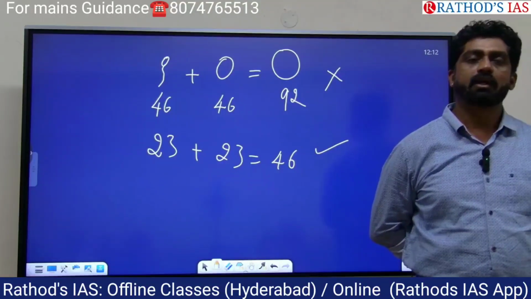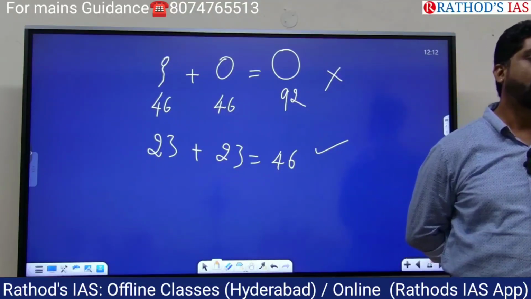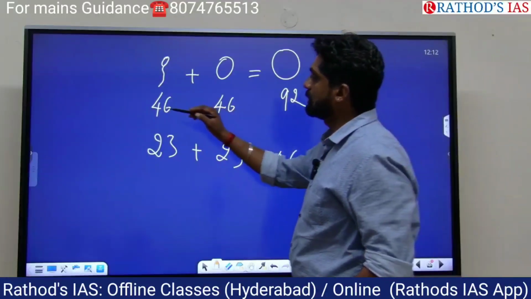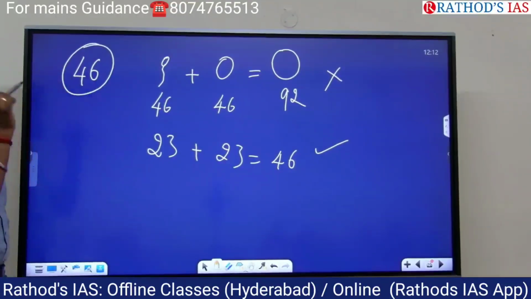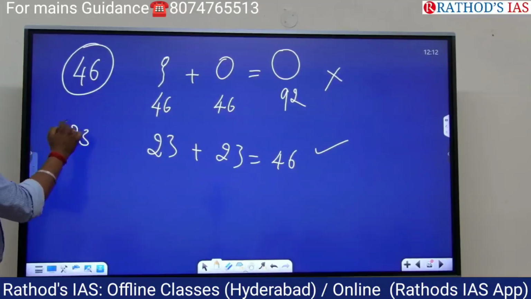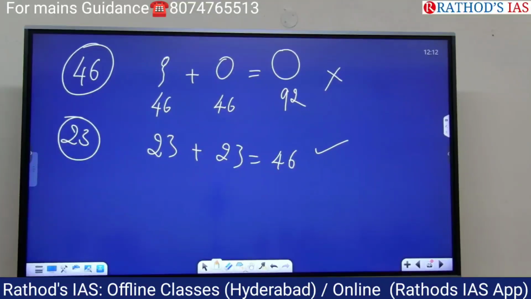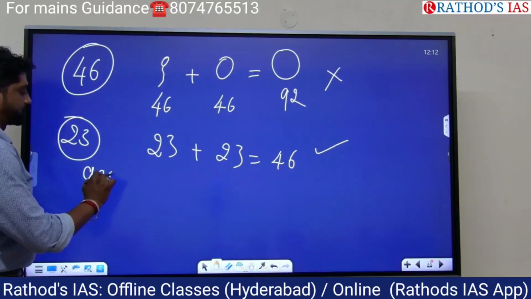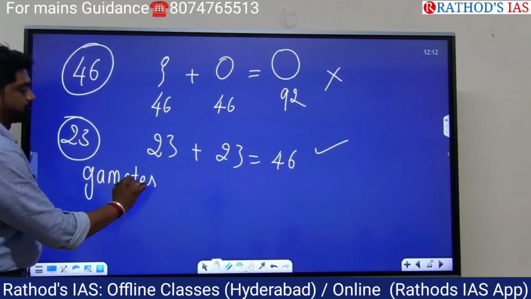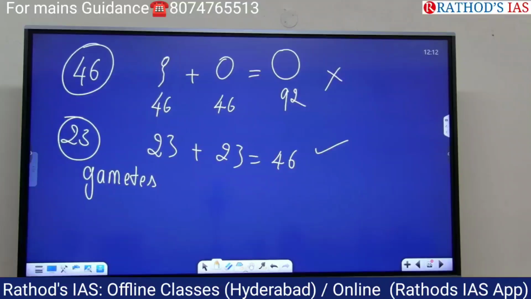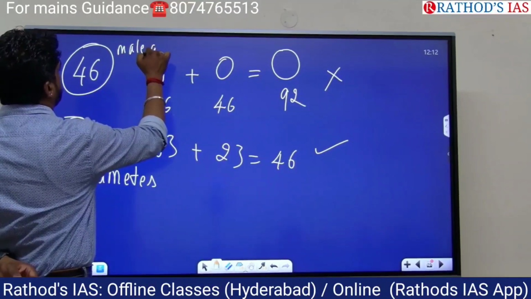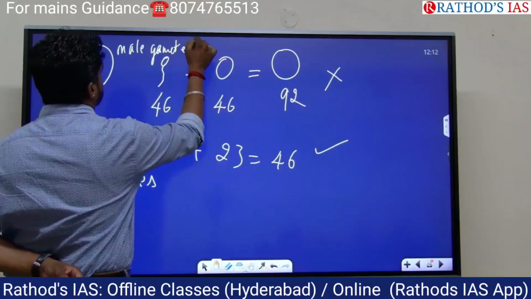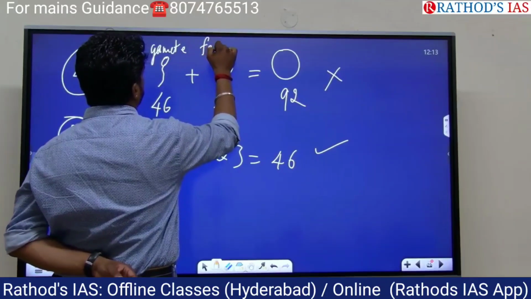So, in all the cells from head to toe, how many chromosomes will there be? All the cells from head to toe will have 46 chromosomes, but only in sperm and egg the chromosomes will be 23. And these sperm and egg cells are called gametes. The sperm is the male gamete, and the egg is the female gamete.